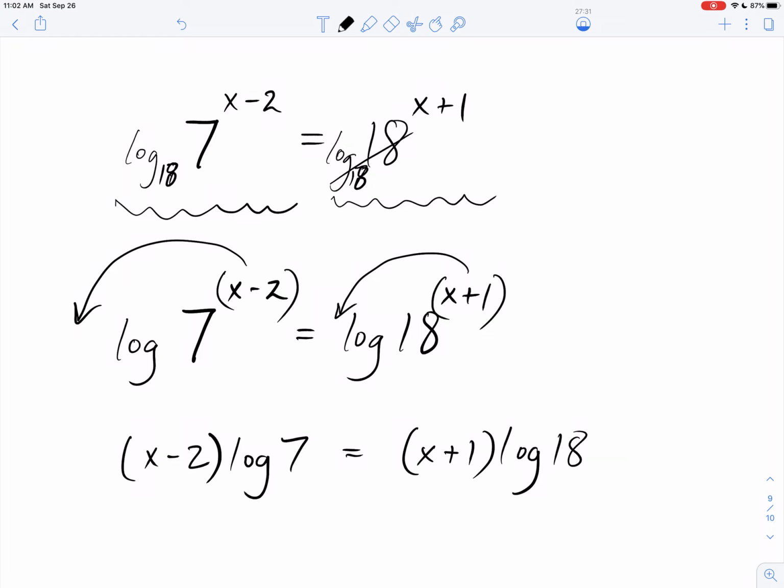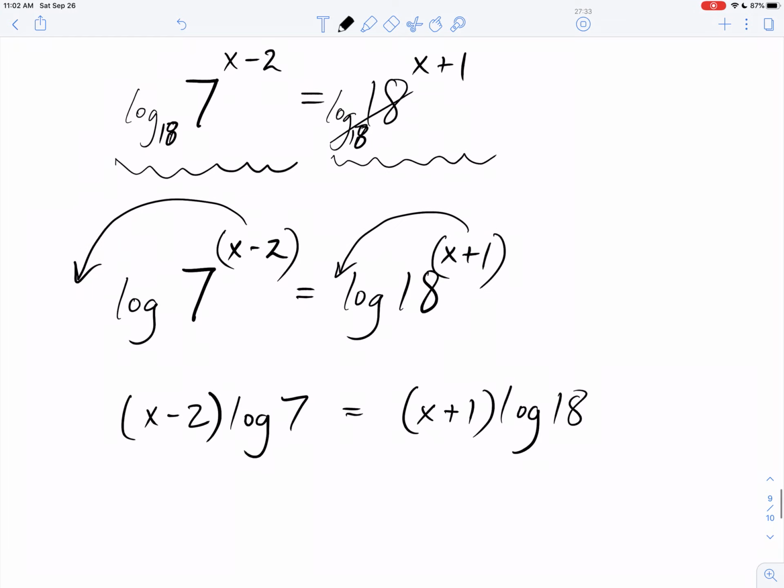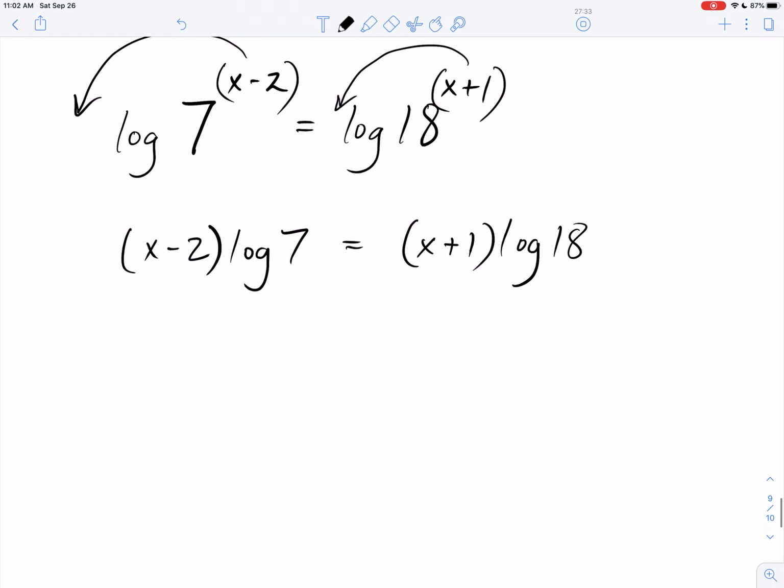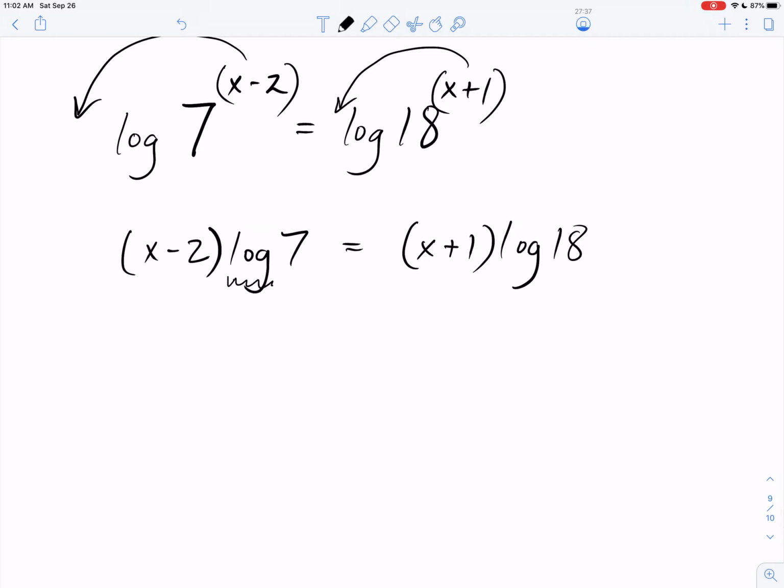Now, once again, I'm using base 10, so I can just quickly punch this into my calculator if I wanted to, because that's just a number I don't know. Log of 7 is some weird number I don't know. Log of 18, that's just some weird number I don't know. I could change those into decimals. Now, here's the thing, though.